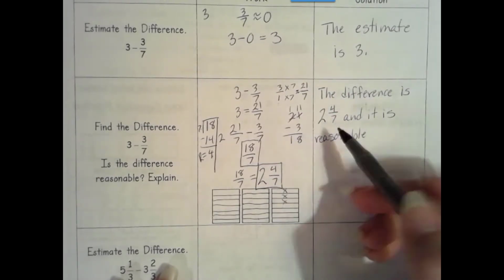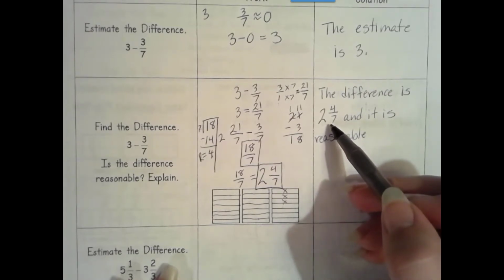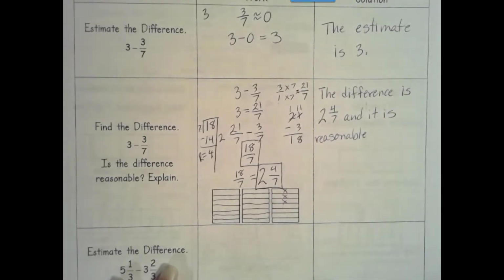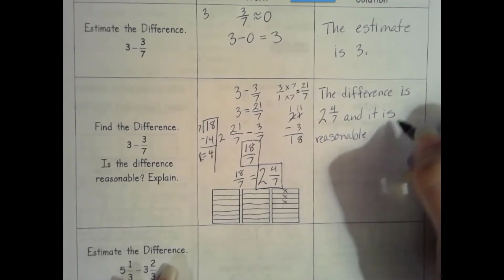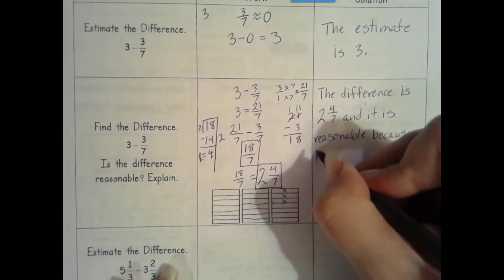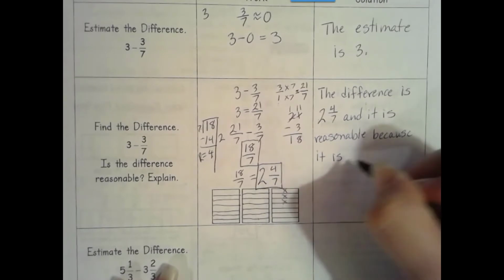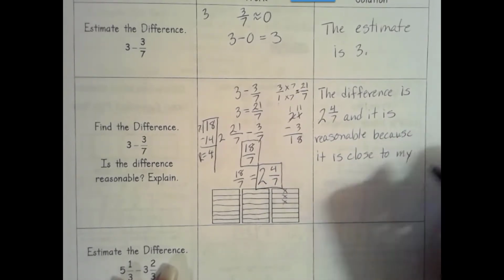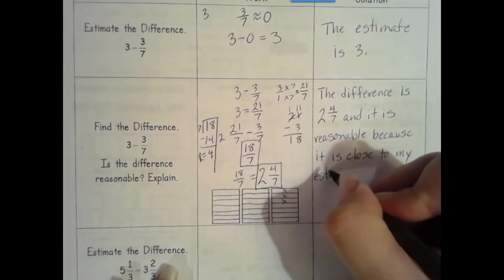Now I said "and" here because "and" indicates a separation for decimals or fractions. 2 and 4 sevenths, that's when you have the word "and" in there. It is reasonable because it is close to my estimate.